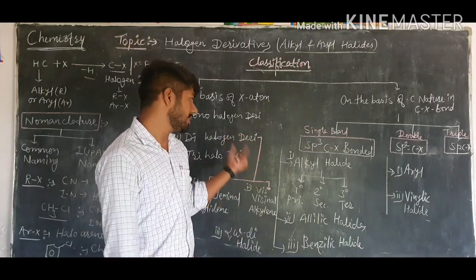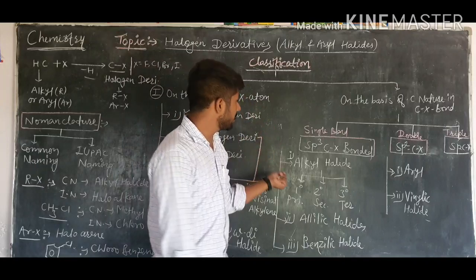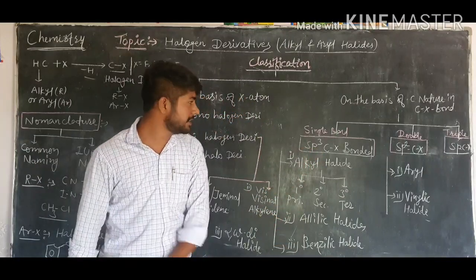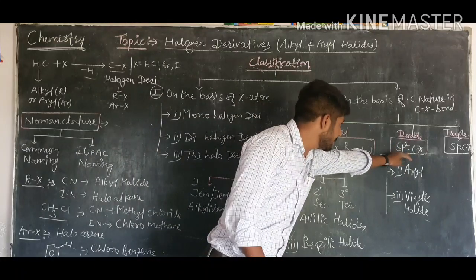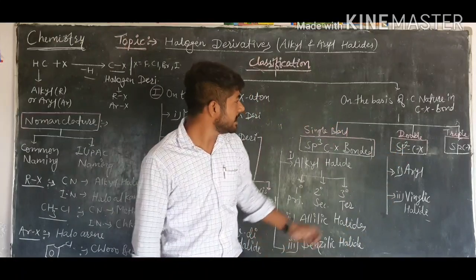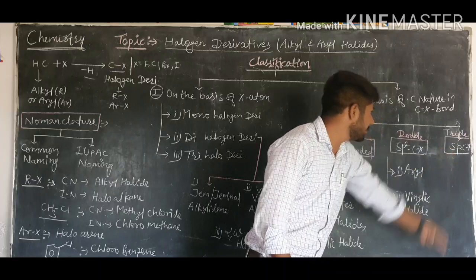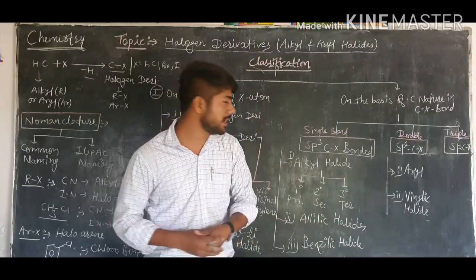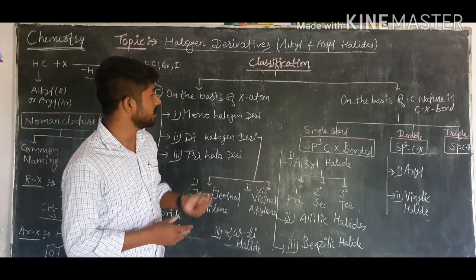The halogen-attached carbon may be sp3 hybridized, sp2 hybridized, or sp hybridized.